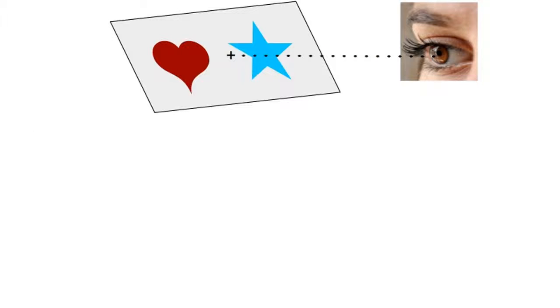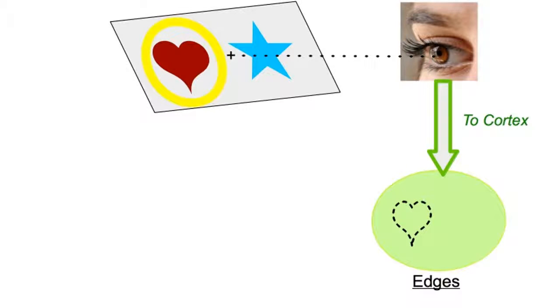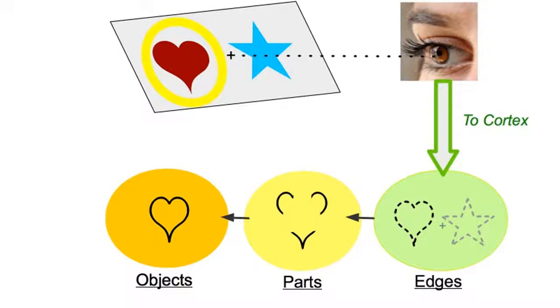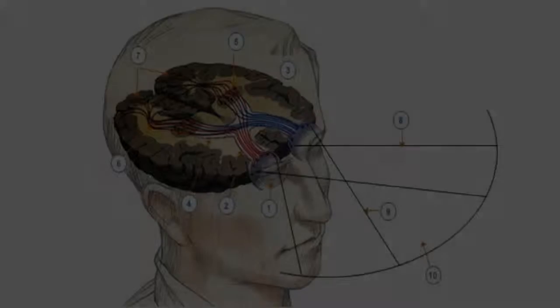So, for example, if you fixate the black cross, but focus your attention on the left object, neurons tuned to the edges of the heart will be more active than neurons tuned to the edges of the cross or star. This effect is magnified in higher level areas. So in the part and object areas, mostly only neurons tuned to the heart shape are active.